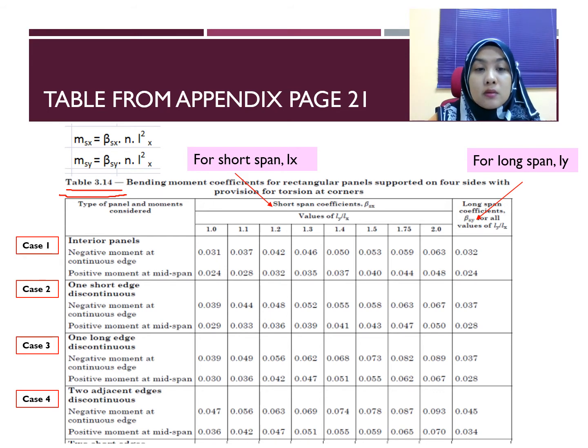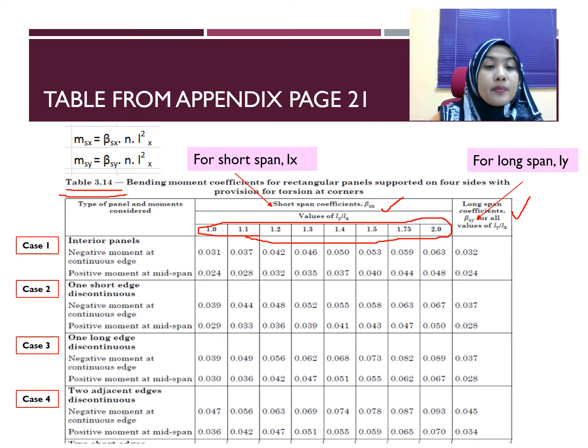In table 3.14, here is your ratio Ly over Lx value. Based on your Ly over Lx value, you will get your coefficient for the moment, beta sx or beta sy. This side is for the shorter span, where you get beta sx, and the last column is for the long span, where you get beta sy.